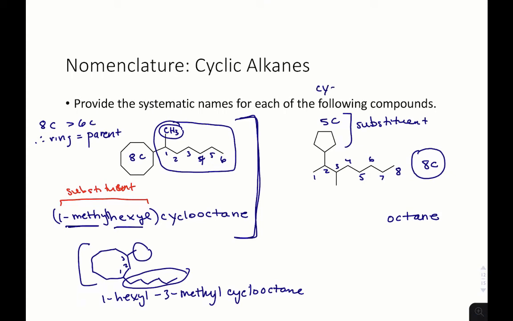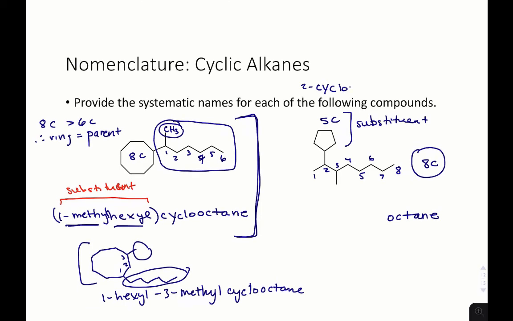So you're going to have a cyclopentyl substituent at carbon 2, and then a methyl at carbon 3. And we do want to alphabetize these, so M versus C. So this will be 2-cyclopentyl-3-methyloctane.